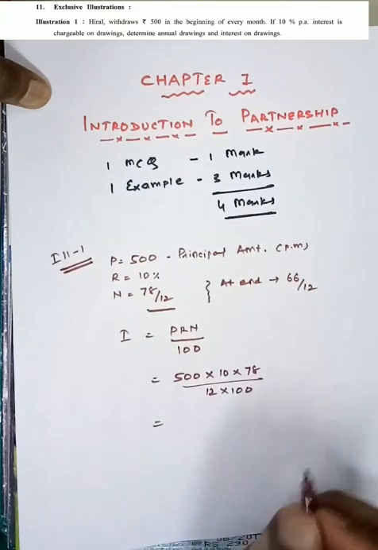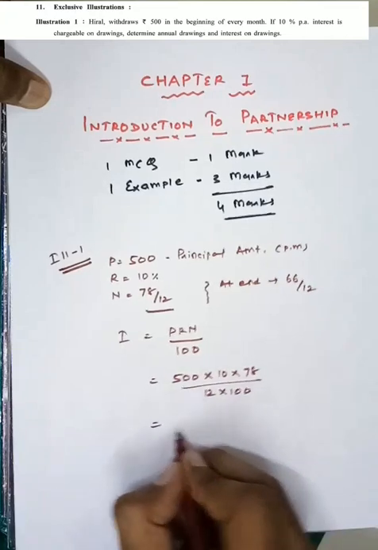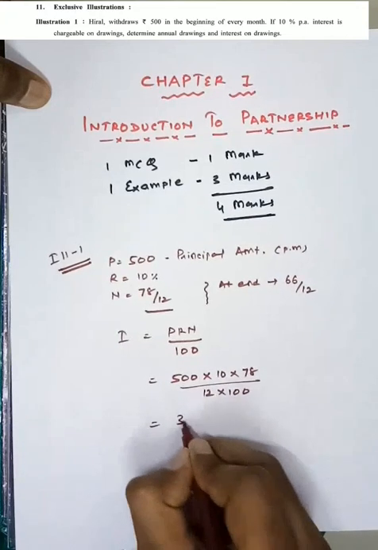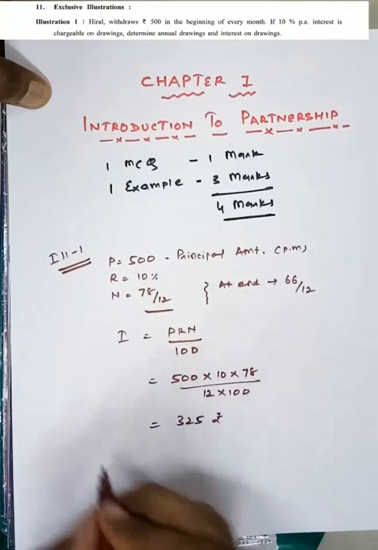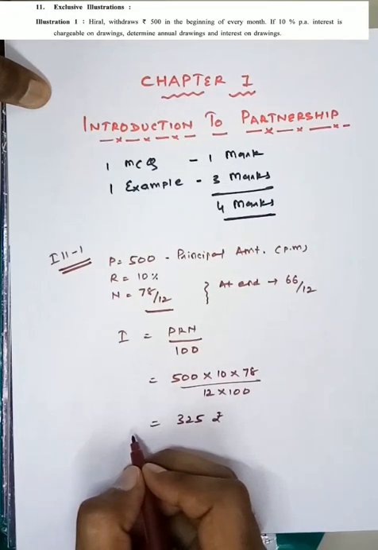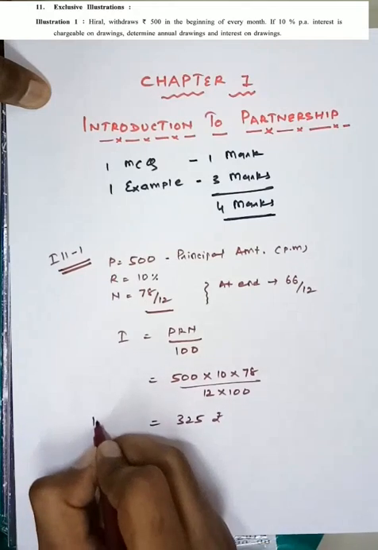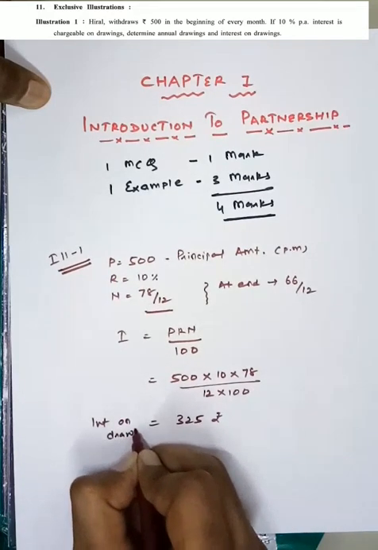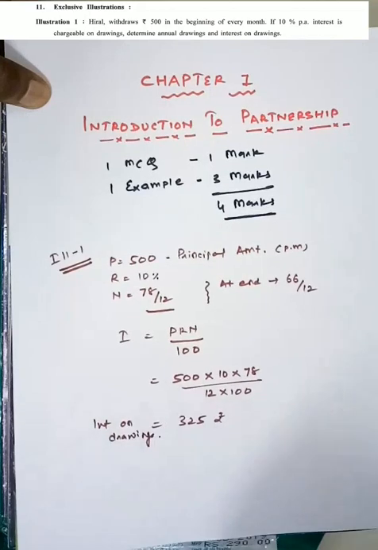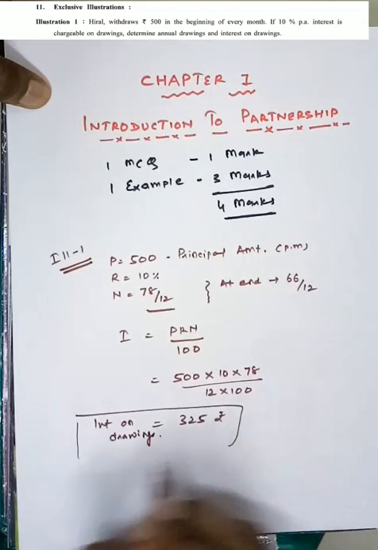Finally, when you calculate everything, you will get the answer of rupees 325. So this is your first answer, the interest on drawing.